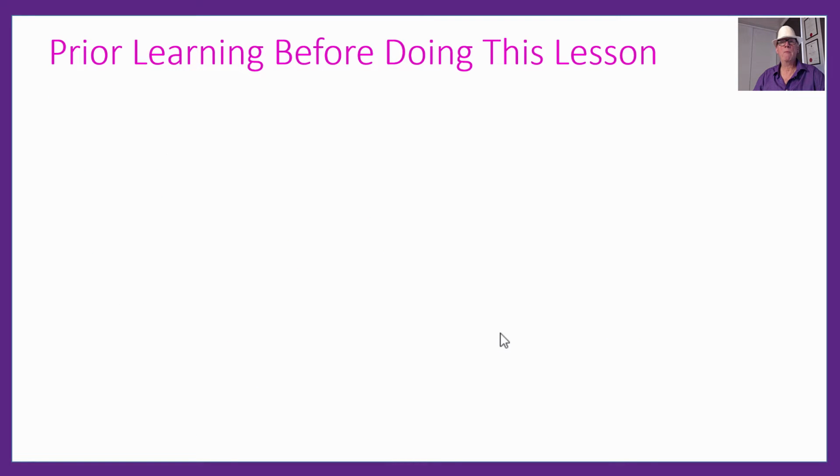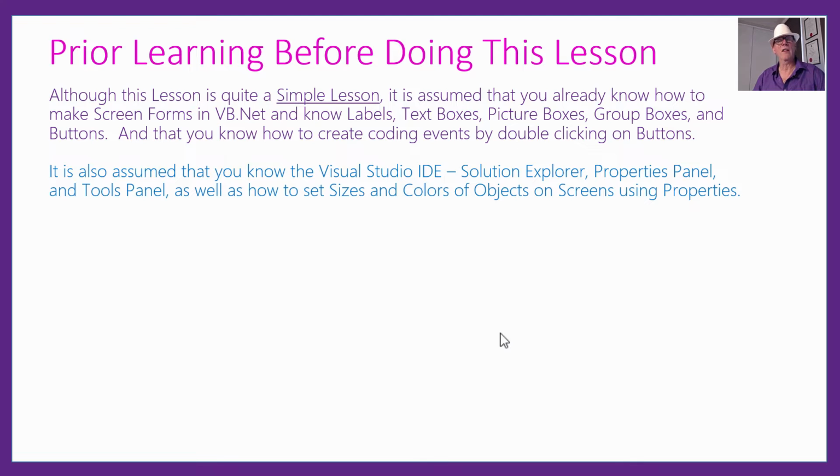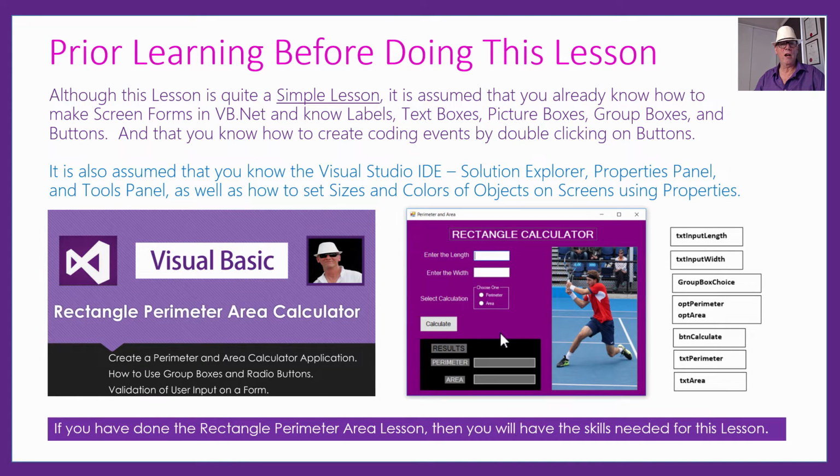Now, prior learning before this lesson: this is quite a simple lesson, but you should already know how to make the actual screen form, so you know how to do text boxes, picture boxes, group boxes, and buttons. If you don't know how to do any of that yet, go to our YouTube playlist on Passy's World of ICT YouTube channel and find this one, Rectangle Perimeter Area Calculator.